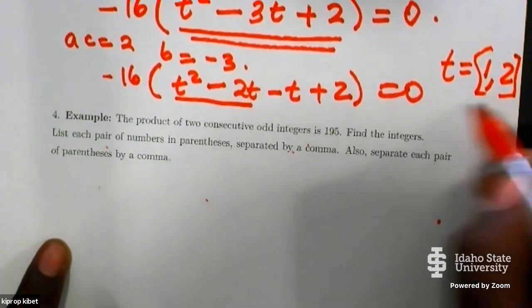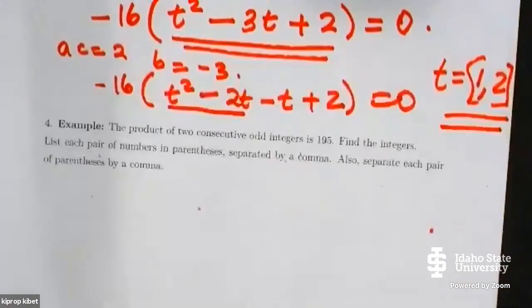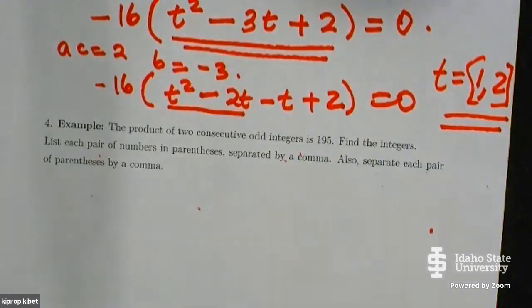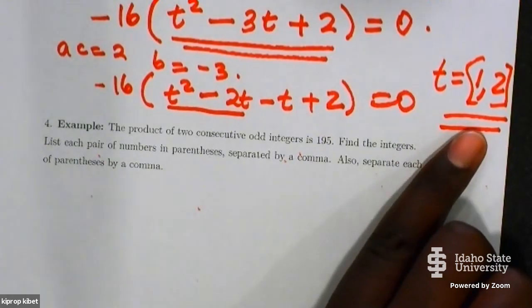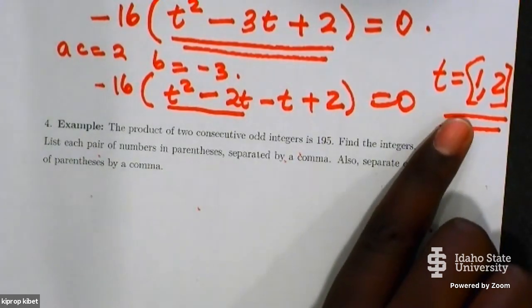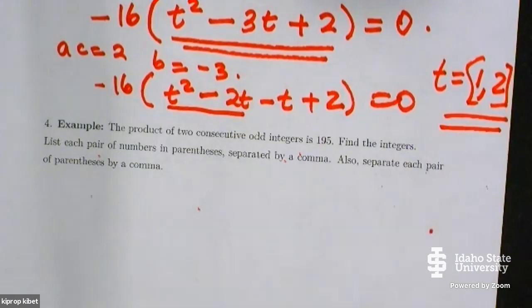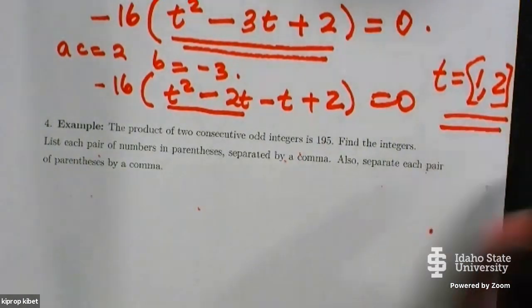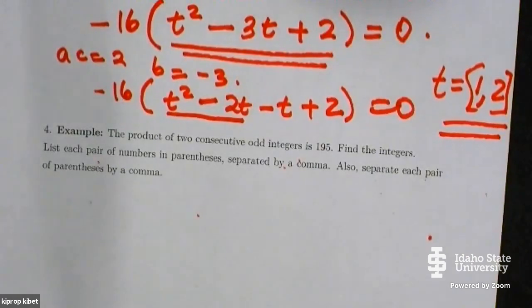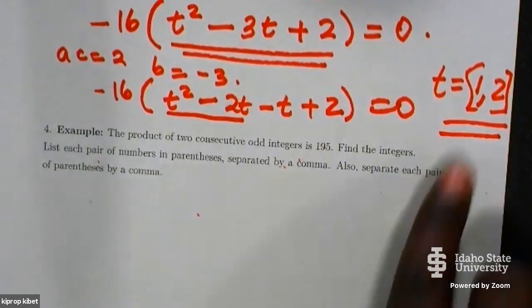You don't have to write this out, because if there was a minus there, you would just ignore it, because you cannot have a minus t. You discard the minus and write the positive, t equals 2. But these are positive.